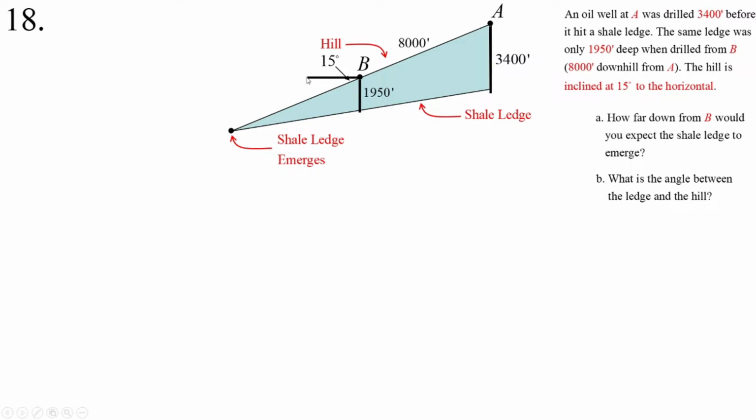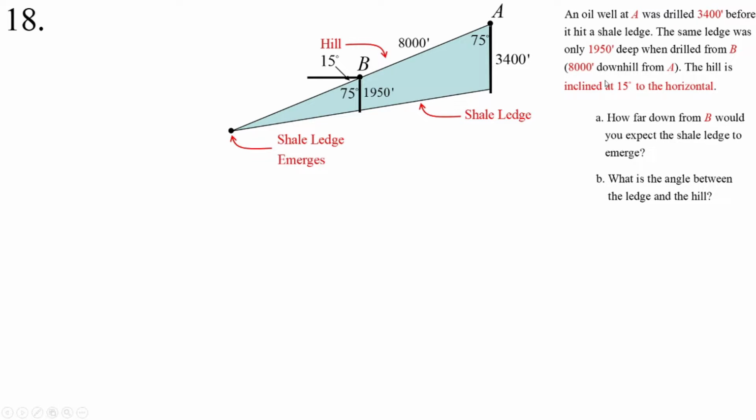Well, do you agree that the horizontal and the vertical, that's a 90-degree angle? So if this acute angle is 15 degrees, then this angle right here would have to be 75 degrees. And we could have done the same thing right up here at A, but this would also have to be 75 degrees up top right there. Okay, so that's all of the given information in the problem in the diagram.